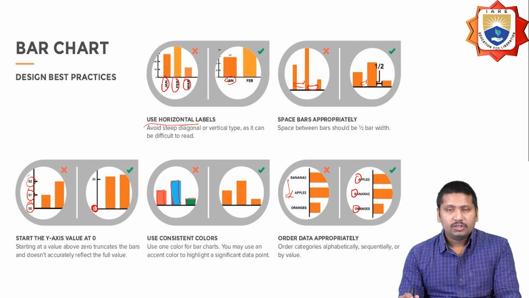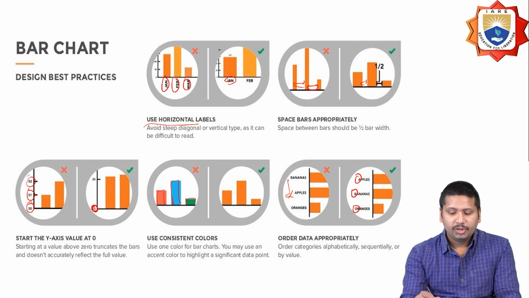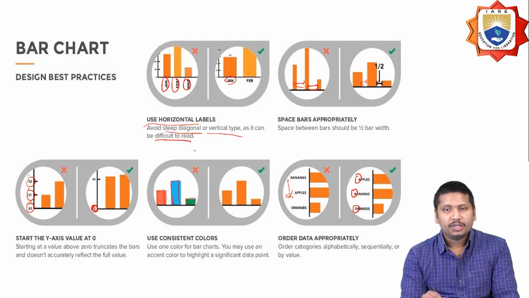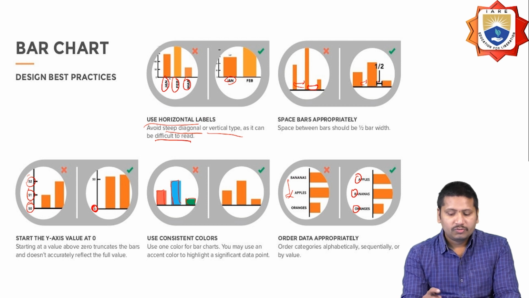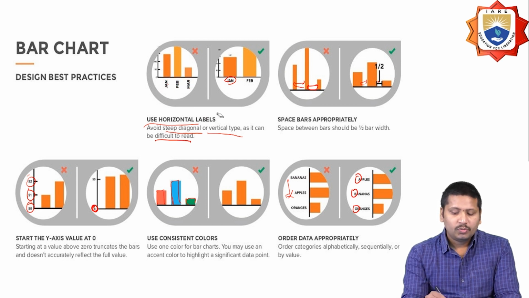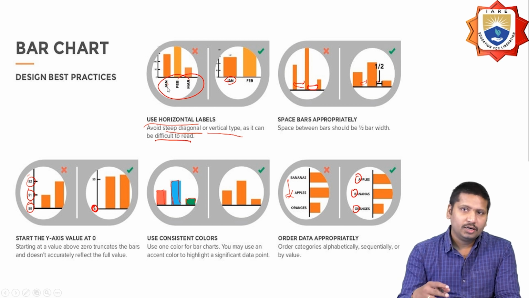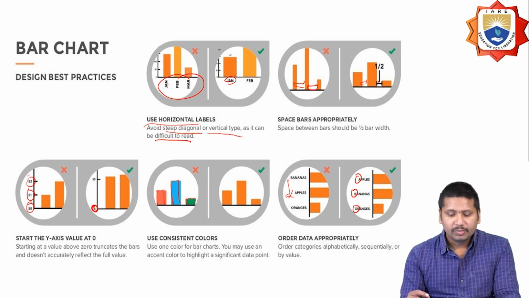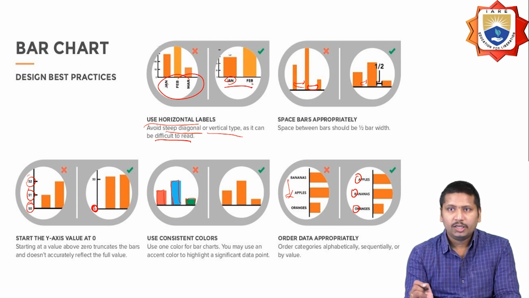First, we should use horizontal labels. That means avoid steep diagonal or vertical text as it is difficult to read. If I specify it like this, it is difficult to understand, as you have to rotate your head to read it. That will be a little bit difficult, so you have to represent the data horizontally only.